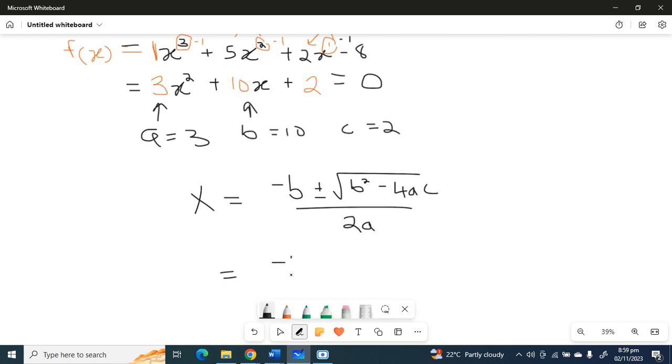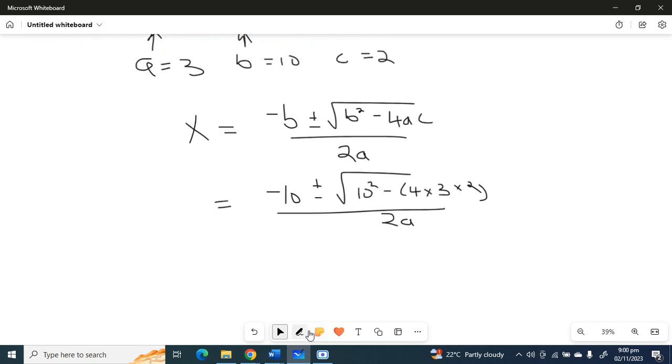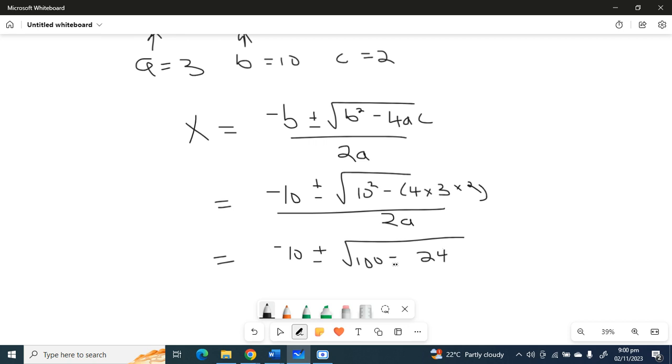Our b is 10, so we say negative 10 plus or minus the square root of 10 squared minus 4 times 3 times 2, divided by 2a. 10 squared is 100. 4 times 3 is 12, 12 times 2 is 24, divided by 2 times 3, which is 6.